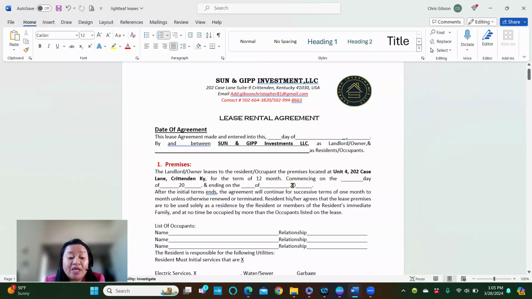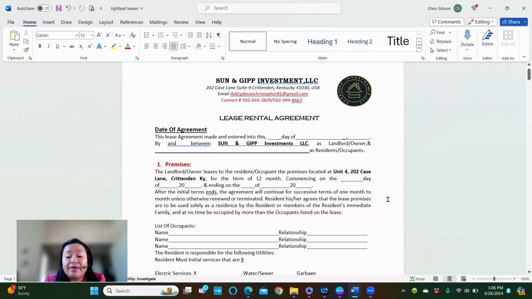For example, if the resident signed on March 28, but he or she would like to move in on April 1, you write down in here April 1, 2024, and for the end we always use the end of the month, which is April 31, 2025.